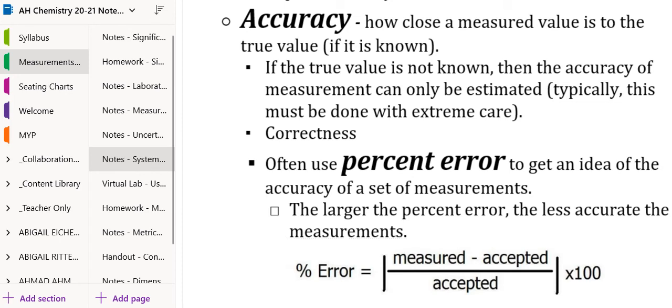So we're going to find the difference between our measured and accepted value, and then divide by the accepted value and make that quantity positive, and then multiply by 100 to make it a percent. So the higher the percent error, the less accurate your measurements are. The farther your measured values are from the accepted or true value.